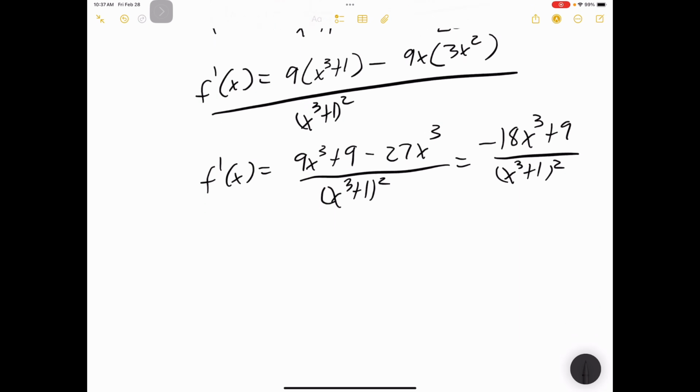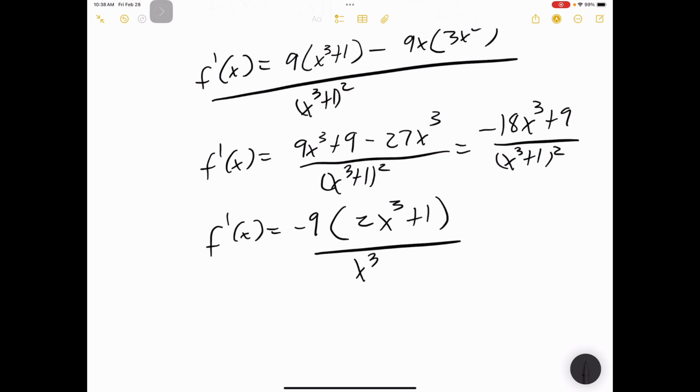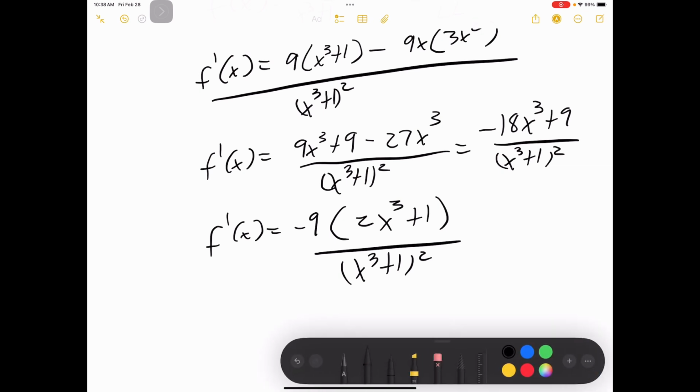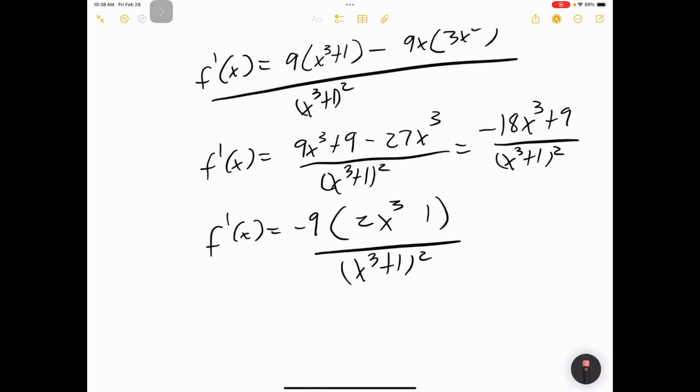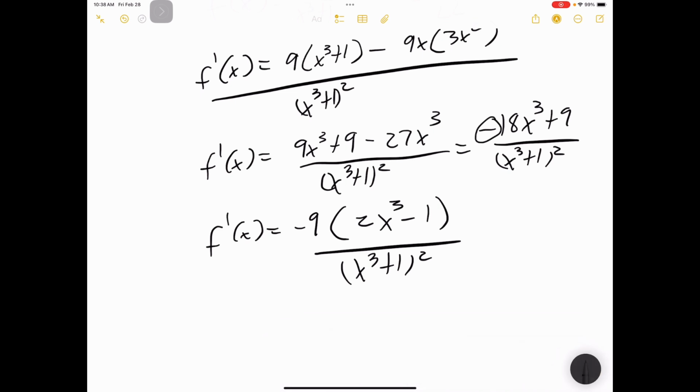We can also continue, we can factor the top, and we can say f prime of x is finally equal to, pull out a negative 9 times 2x cubed minus 1 over x cubed plus 1 squared. And when I pulled out a negative 1, I should have said that this was minus 1, because this sign switches and this sign switches.